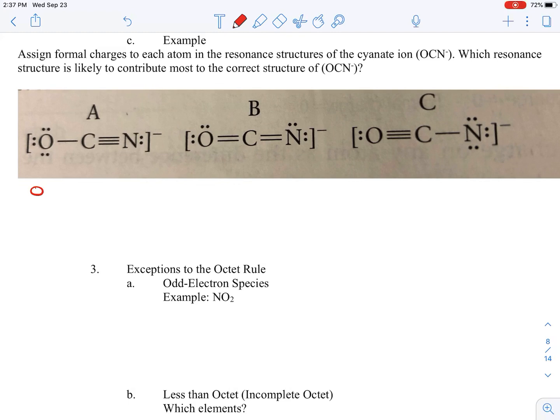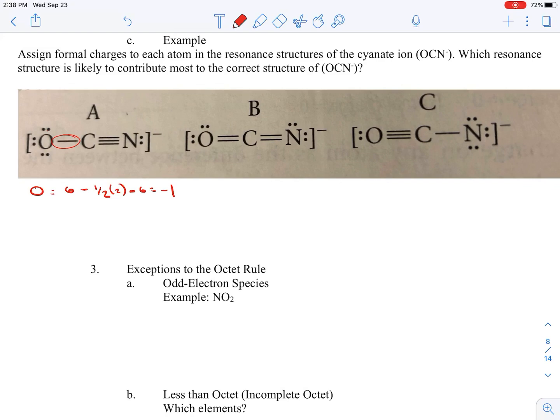So we've got O, 6 valence electrons for oxygen, minus 1/2 the bonding electrons. O only has 1 bond, so 1/2 times 2, and then minus its lone electrons, 2, 4, 6. So we've got 6 minus 1 minus 6, which gives me a -1 for oxygen.